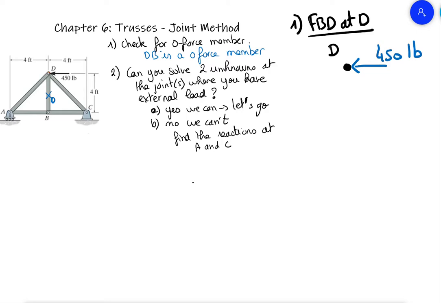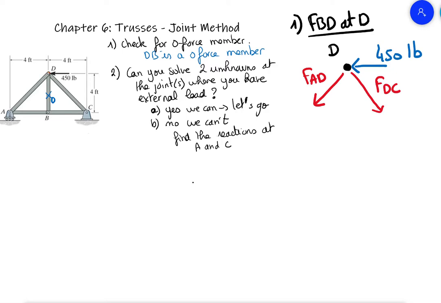Can we guess the direction? We know that they are in opposite directions, but we don't know if it's plus or minus. Let's put both in tension. So that's my force FAD, and that's my force FDC. Two unknowns only. Nothing in BD because it's a zero force member.